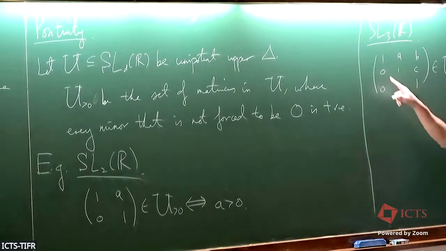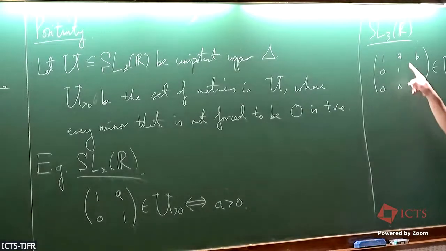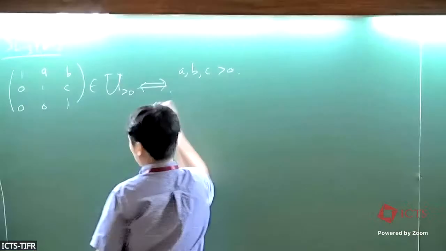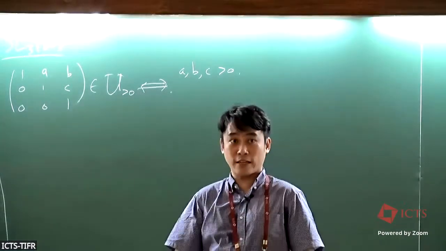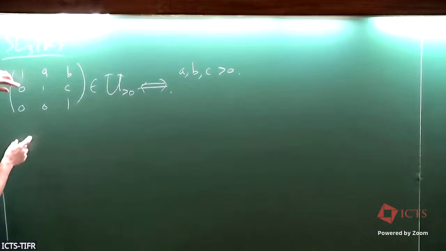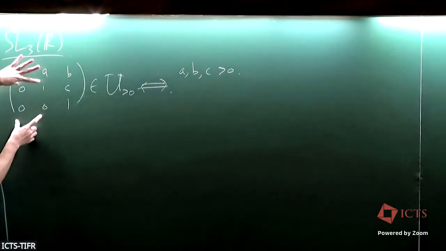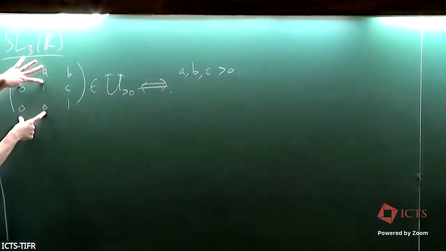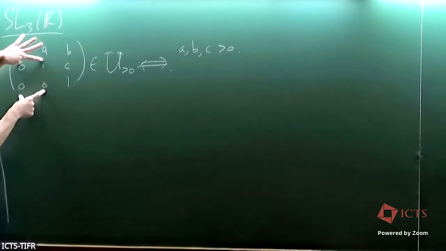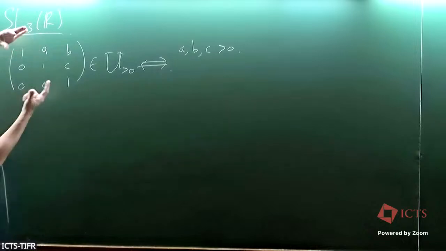Three of them are forced to be 0 because the matrix is upper triangular, and then I have A, B, and C, so these 3 numbers must be positive. Now we move on to the 2 by 2 minors. Let's check all of them. This submatrix, 0, 1, 0, 0, has a determinant forced to be 0 because I'm upper triangular. There's nothing I can do about that.